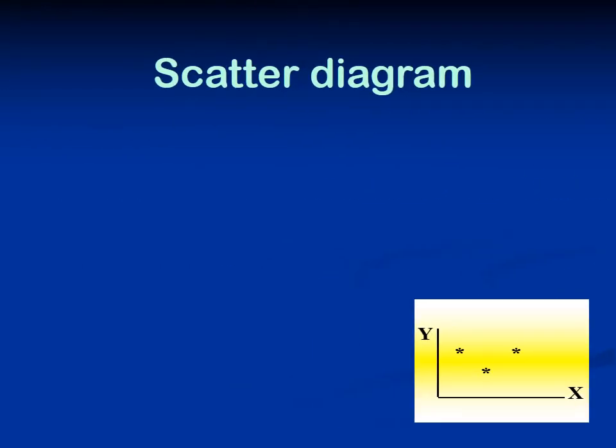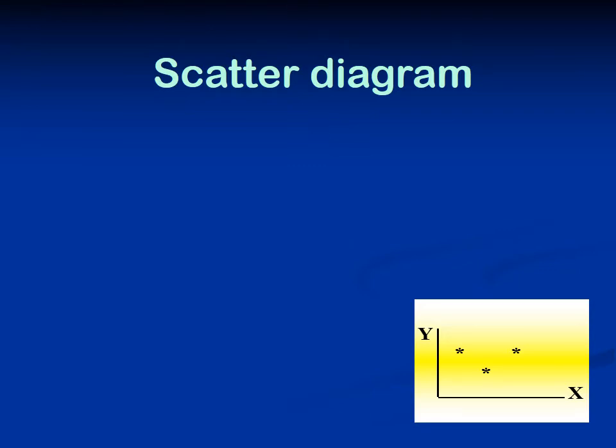Before using correlation and regression analysis, we normally plot what we call a scatter diagram. A scatter diagram, or you can say a scatter plot, is a graph in which each plotted point represents an observed pair of values for the variables.